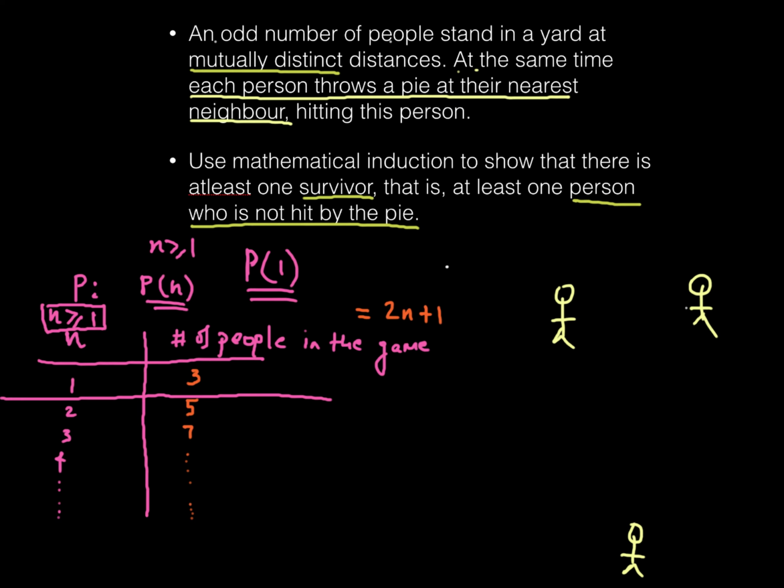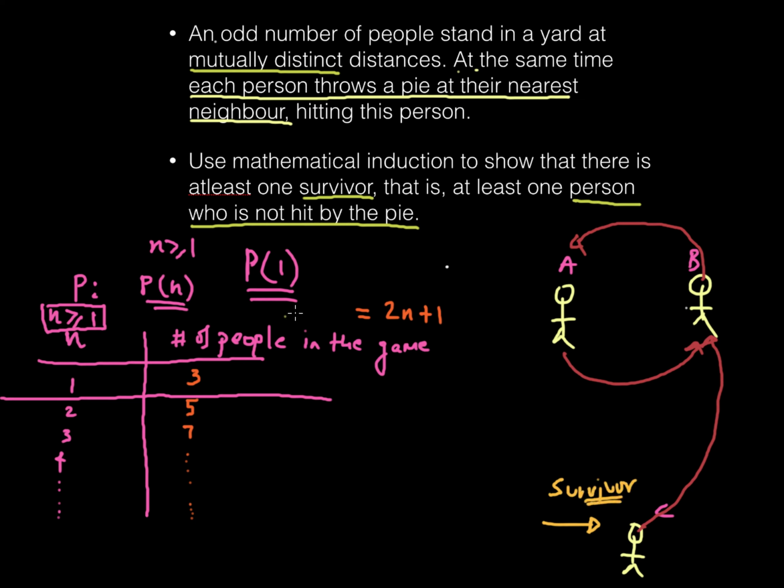As per the definition, because A and B are closer to each other, A is going to throw a pie at B, and B is going to throw a pie at A. Person C is going to throw a pie either at B or A, depending on which distance is closer from C. Let's assume that B is closer to C, so C ends up throwing a pie at B as well. So I can see in my basis that there is one survivor, and the survivor happens to be person C. Here is my survivor. So it has been proved for P of 1.